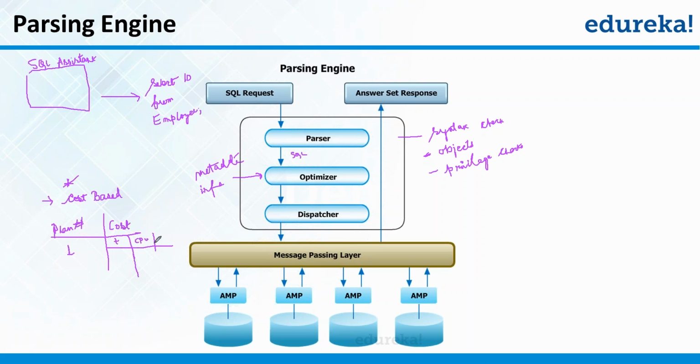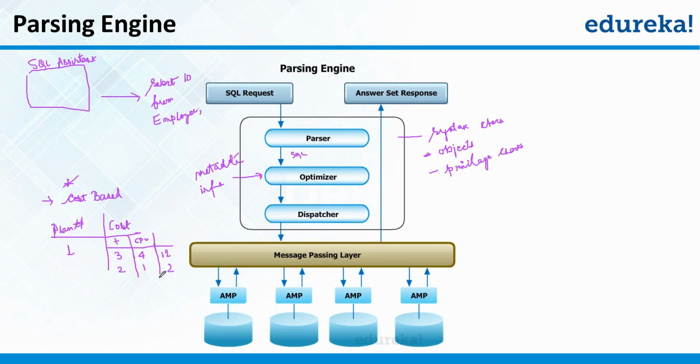Say plan number 1 tells me that I'm going to do a full table scan. So what is cost? Cost is basically time and CPU, and internal resources. You add all of these up, that is your cost. I'm going to take, say, 3 seconds to scan all the partitions, and use some CPU cycles, say 4.